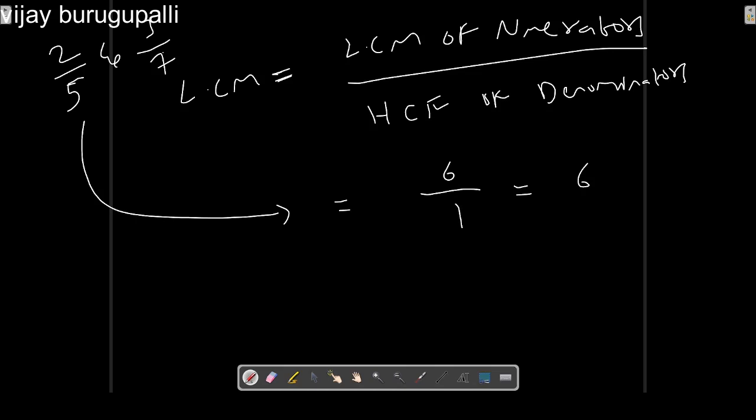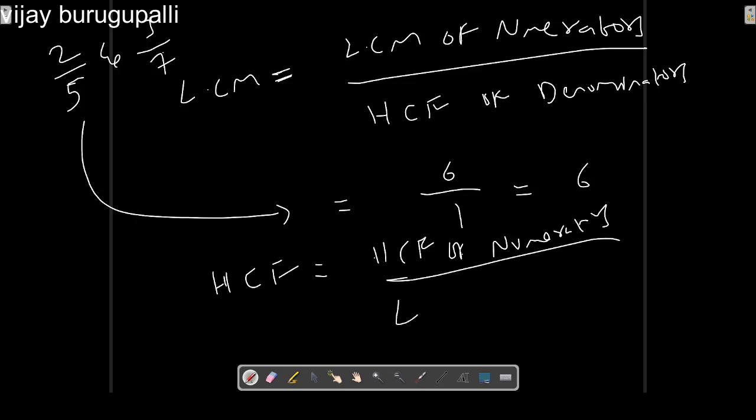In case of HCF, it is the HCF of numerators by the LCM of denominators. In case of LCM, in the numerator we have to find the LCM of numerators, and in the denominator we have to find the HCF of denominators.